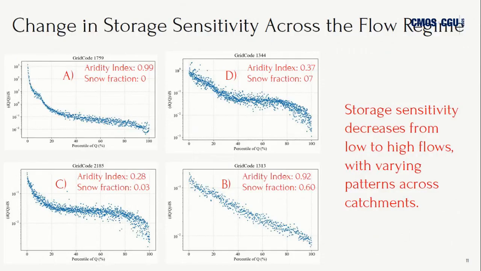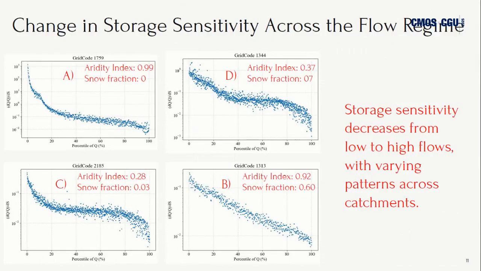Generally, storage sensitivity decreases from low flow to high flow, but with very different patterns across catchments. Although all catchments show decreasing sensitivity from low to high flow, the shape and the ranges are very different depending on catchment attributes.